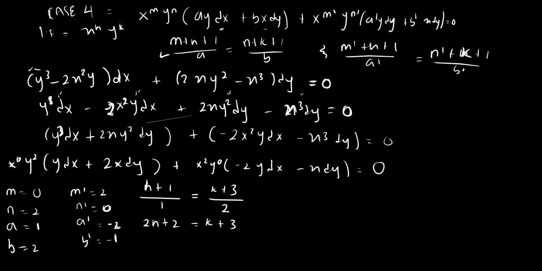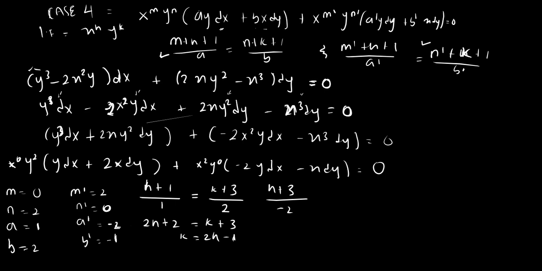And now we are going to make k the subject of the relation. So we are going to have k is equal to 2h minus 1. And then we are going to use the second formula, that's this one here, so that we can get the second equation and solve simultaneously or by substitution. Alright, so now we have m prime, and m prime is 2, so we're going to have 2 plus h plus 3 over a prime, which is negative 2, right?